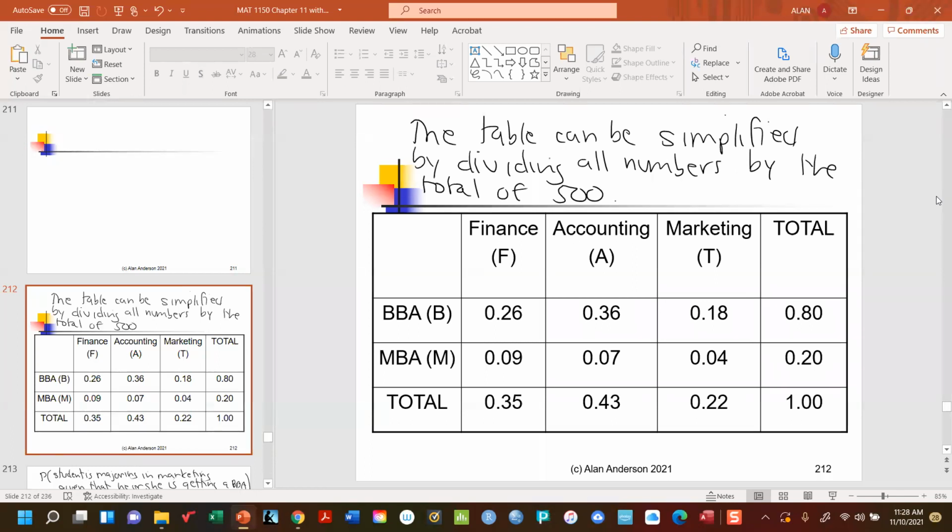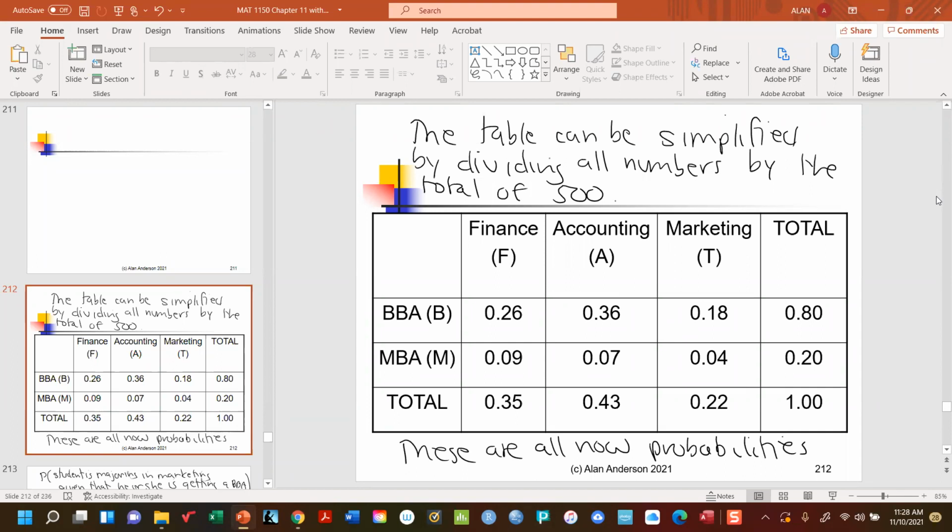So now here's what happens. Instead of having the actual counts of the students, all of these numbers are probabilities.